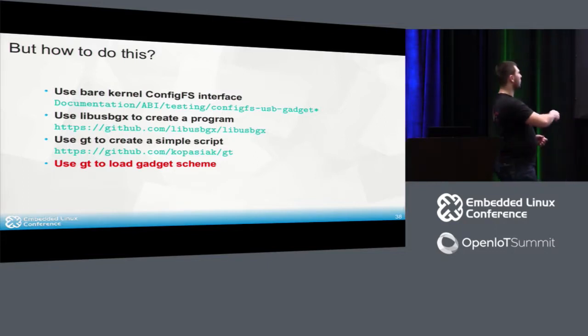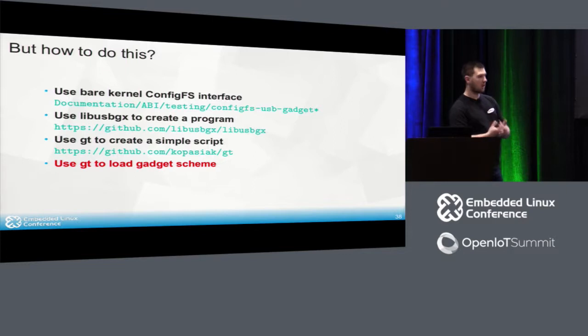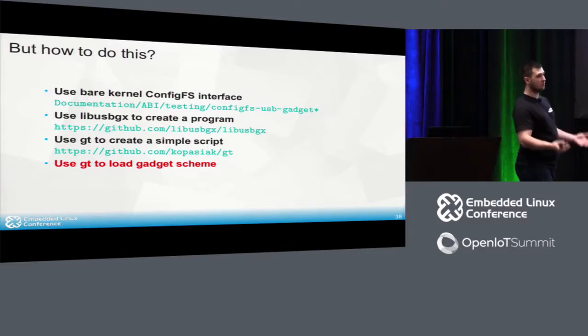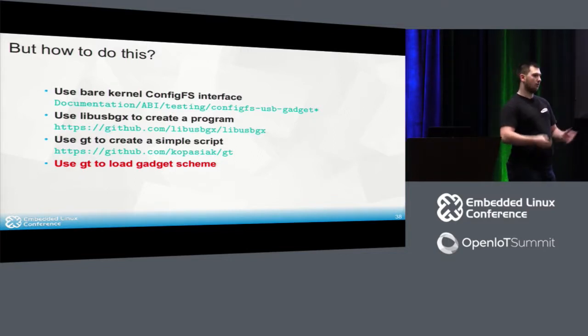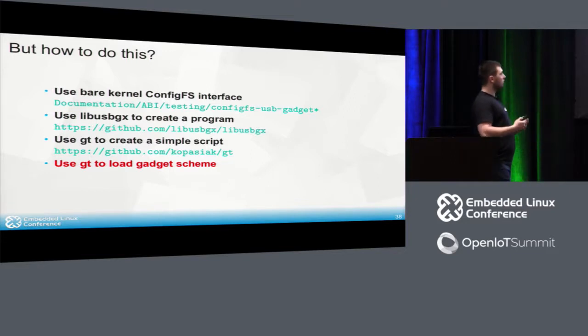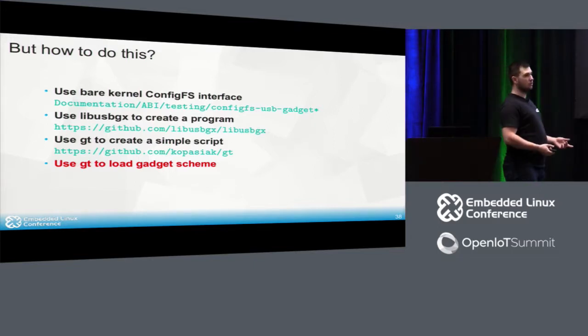That's why there is a helper library called libusbgx. So you may use this library and create a simple C program, which you will just run, and it will use this library to create your gadget for you. But it requires writing C code. So if we can skip this step, let's do this. There is a tool called Gadget Tool.